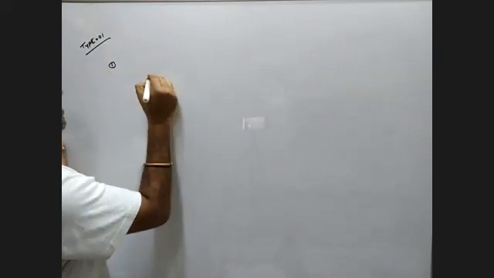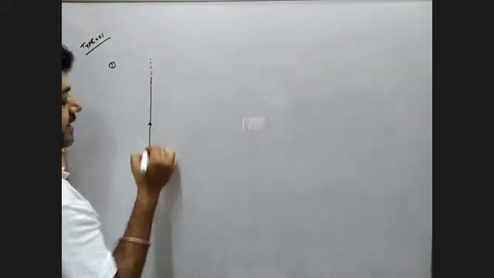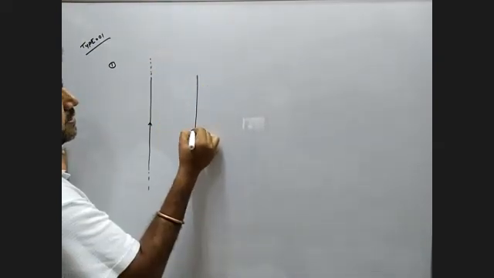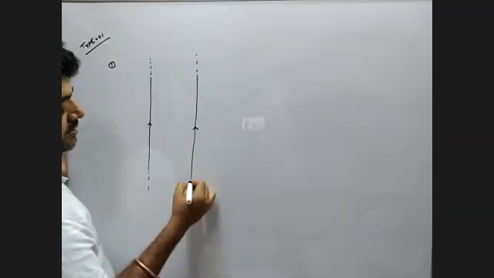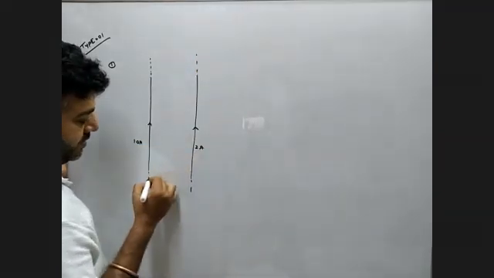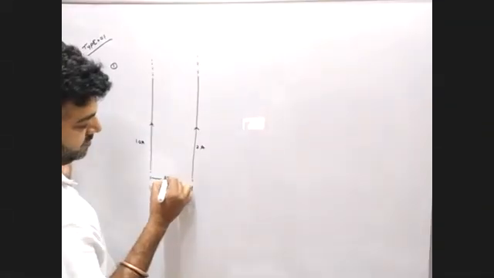Two questions are there. Question number 1: two current carrying conducting wires carrying currents of 10 ampere and 20 ampere, and the separation is 10 centimeters.